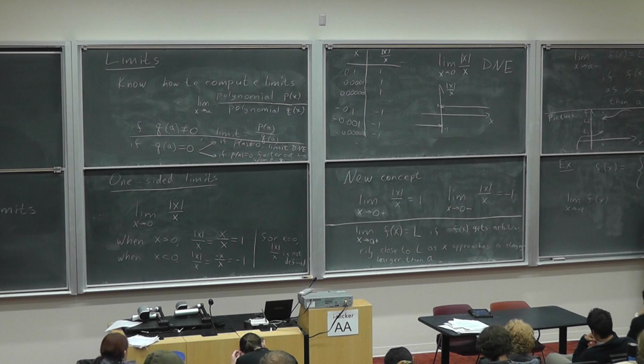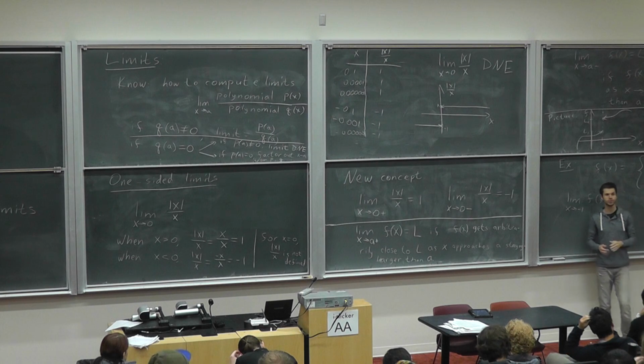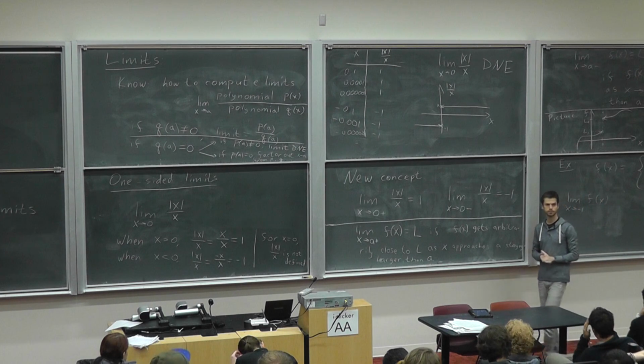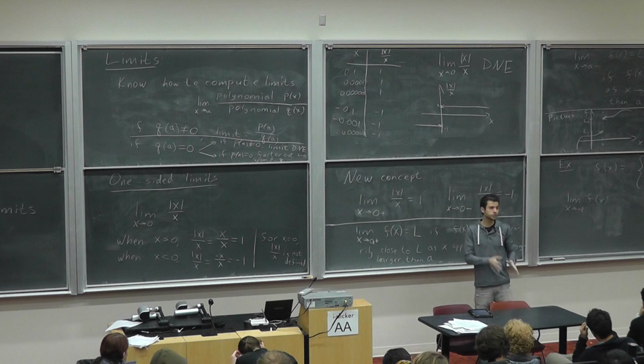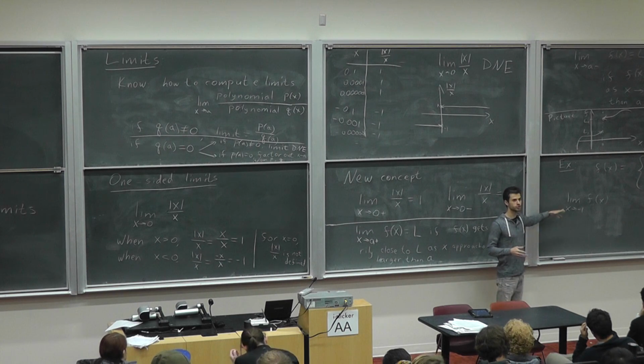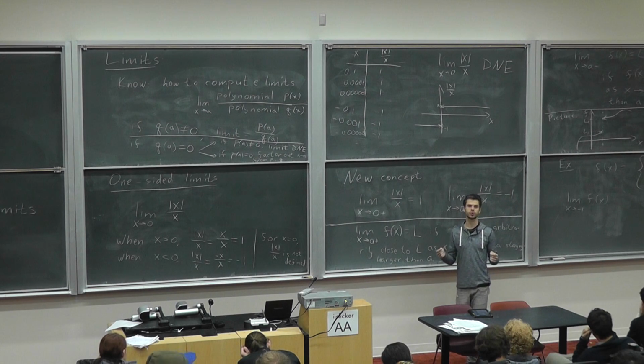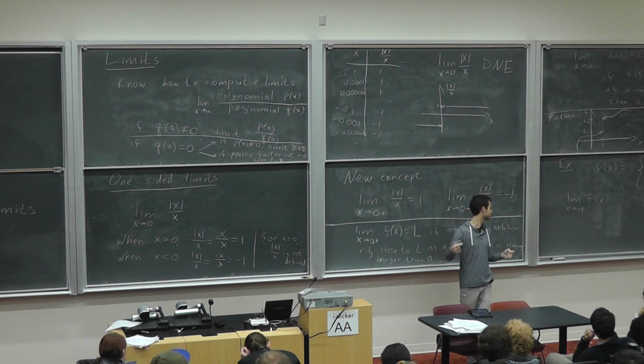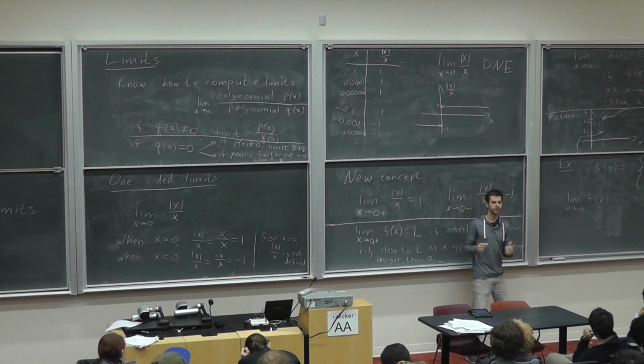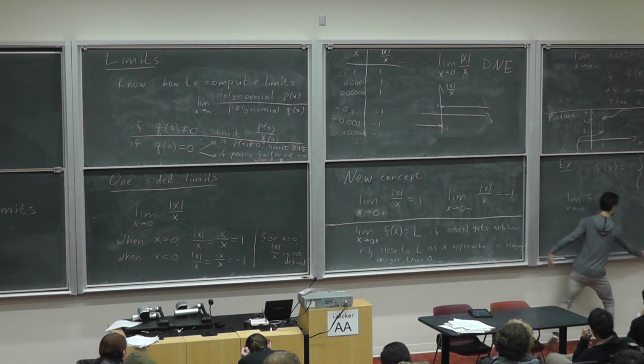When x is larger than minus 1, the function is x squared. When x is smaller than minus 1, the function is this, absolute value of x minus 2. So I'm forced to consider not just the overall limit, but two one-sided limits. What happens to the function as x approaches minus 1 from the left and from the right.